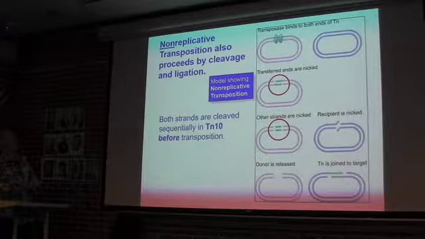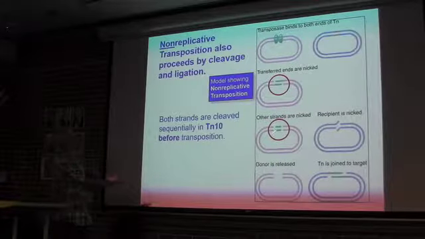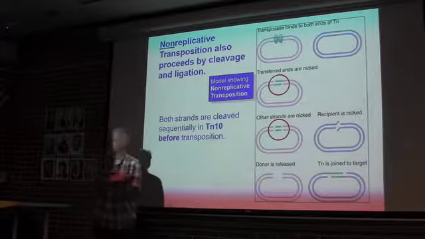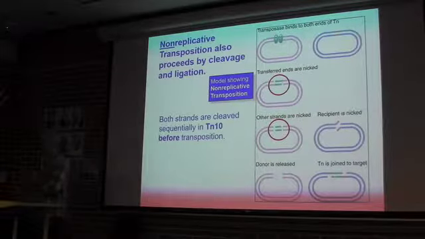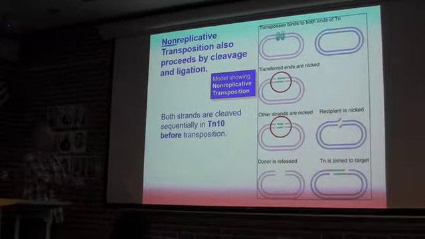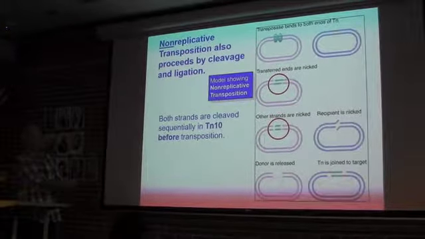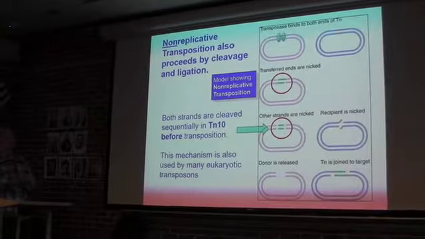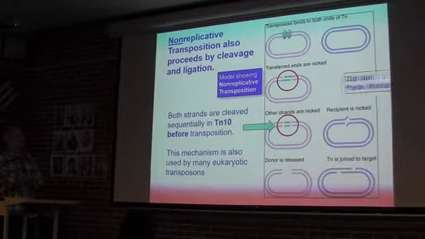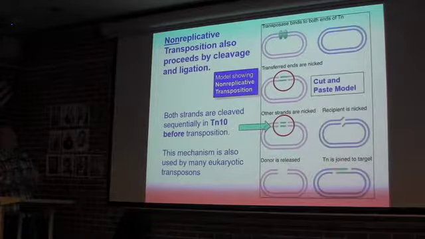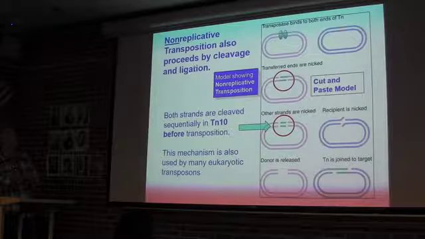In cleavage and ligation, both strands are completely cut, and then you do the attack. That's the difference. So this one does not have a strand transfer complex. Cut and paste is another name for cleavage and ligation.